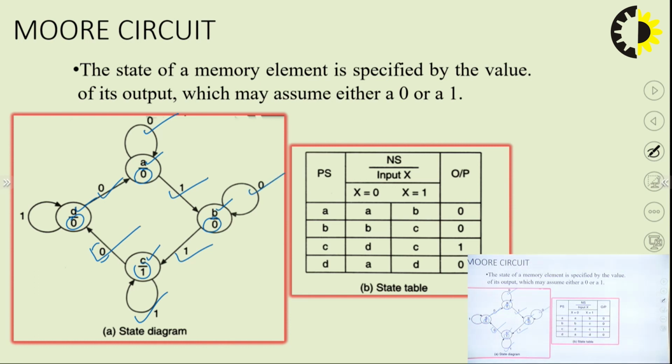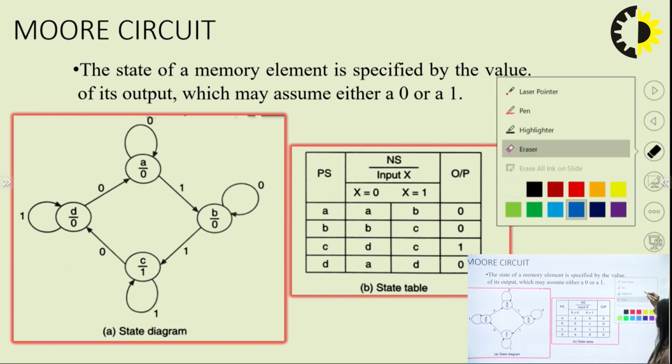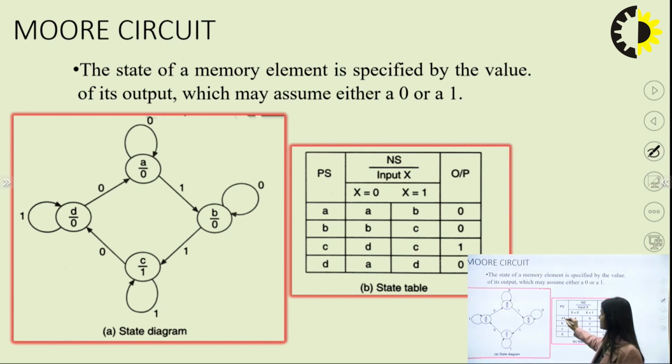Coming to the present state, let's say the present state is A, B, C or D maybe. So, next state, some slight difference in the table writing technique also.